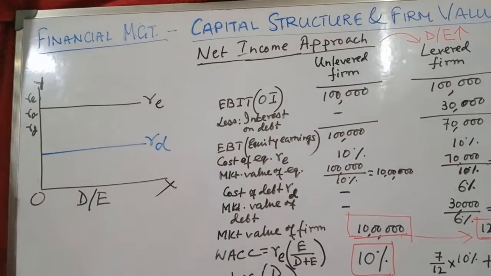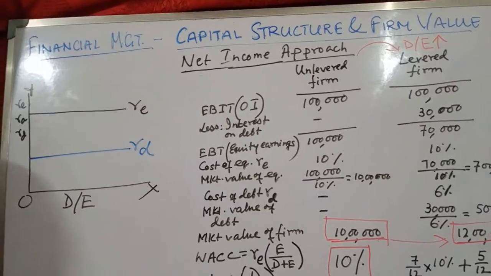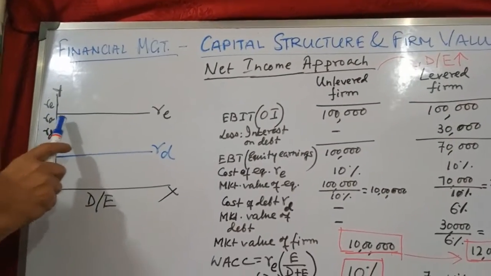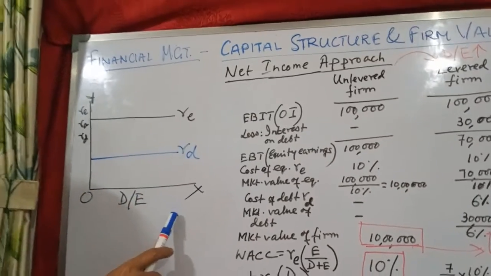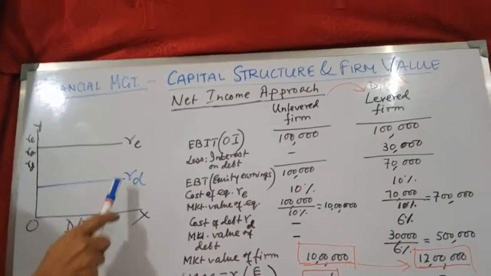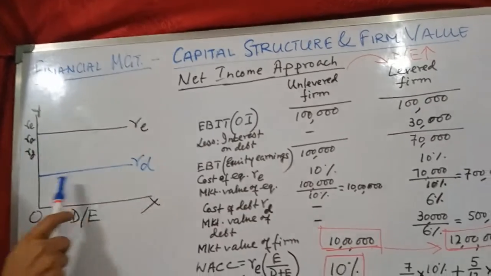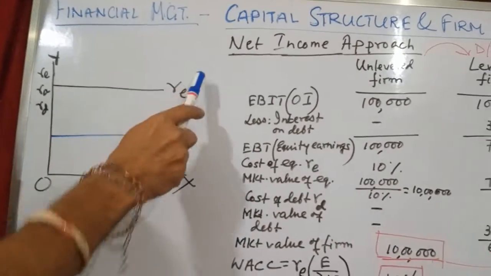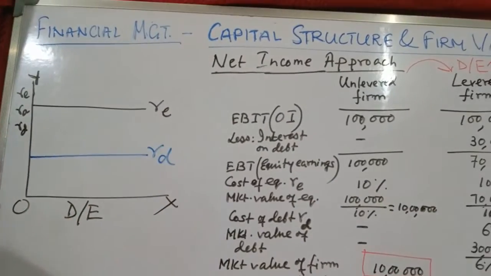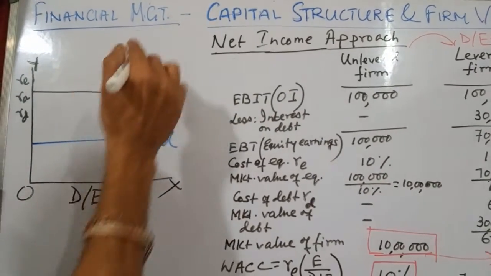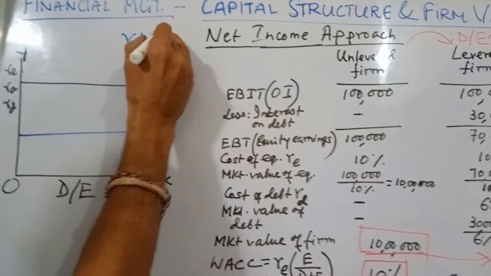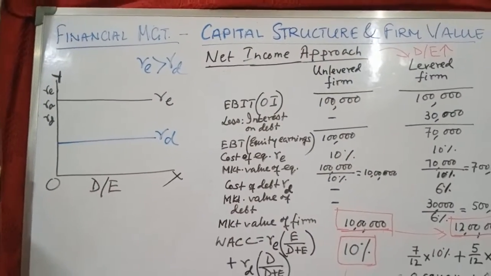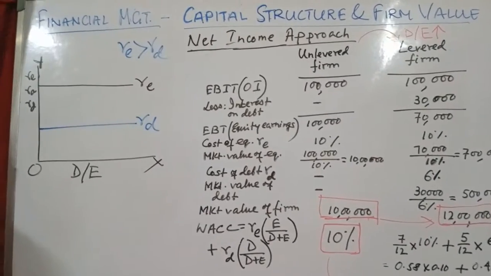As we all know, cost of equity is always more than cost of debt. So the cost of equity line, the horizontal line parallel to x-axis, lies above the cost of debt line, which is also a horizontal straight line parallel to x-axis, because both of them are constant and RE is more than RD. Correct?